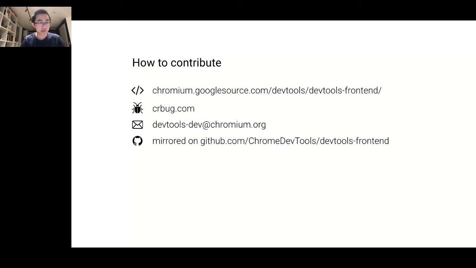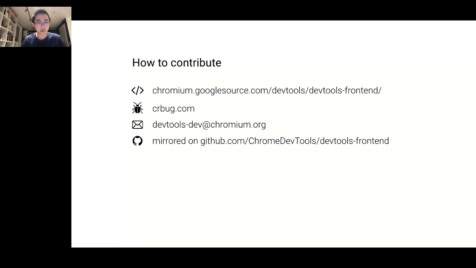We have a mailing list at devtools-dev@chromium.org, which is a public mailing list. You can see what's going on there when you either subscribe or just go onto the website at Google Groups. Often enough, it's just about commit messages. Sometimes we also publish design documents on features that we are intending to implement.